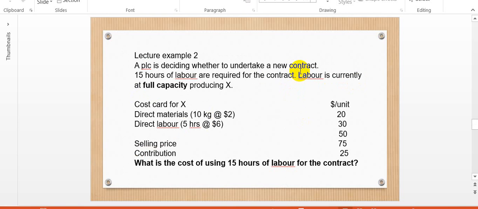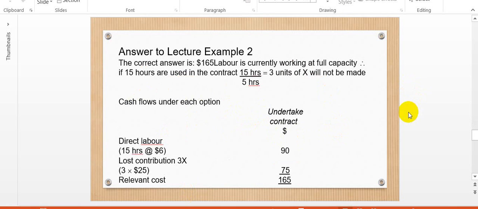So the 15 hours will cost us 15 times 6, which will be $90 as our variable cost of labor.